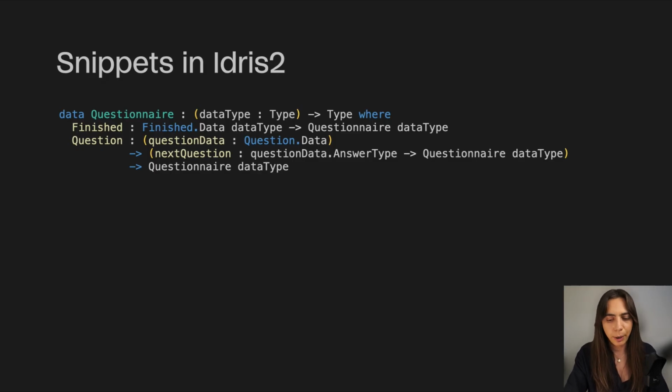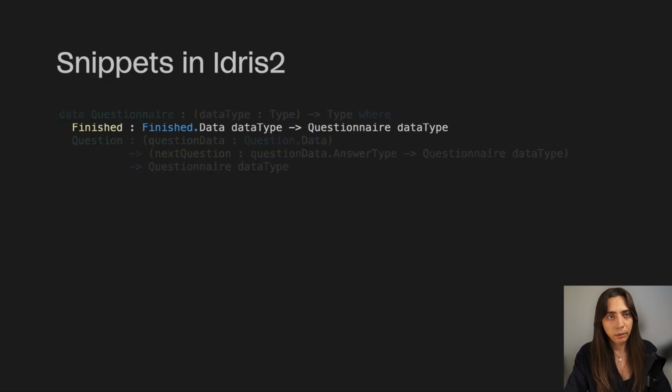First, let's talk about the data type of questionnaires. So basically, this is the type of graphs, but with the data that we need to create specifically a questionnaire. And we define it inductively.